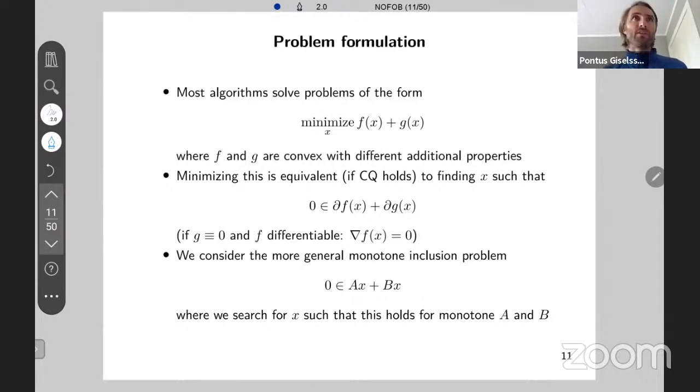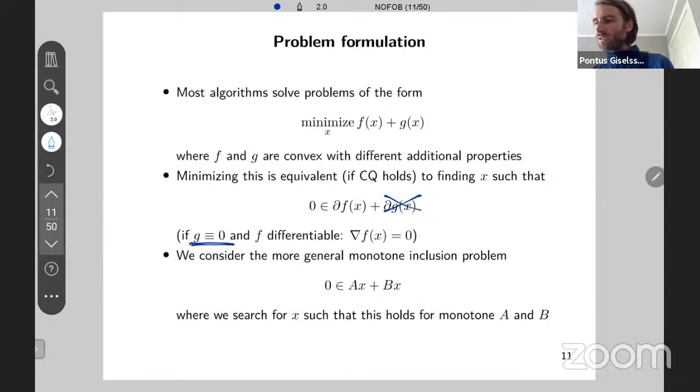Now, if we have a constraint qualification, we won't go into details on what that is, but essentially solving this problem is equivalent to finding a point x such that this holds. And this says that 0 should be in the subdifferential of f at x plus the subdifferential of g at x. And again, we have a generalization of what we saw in the previous talk. If, for instance, g is 0, this is gone.